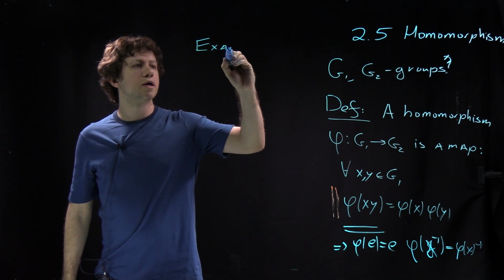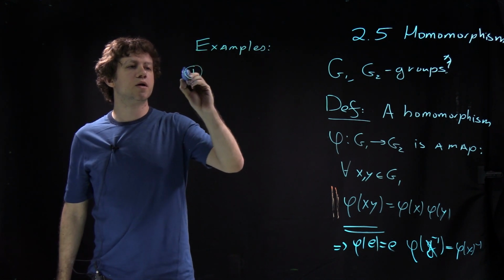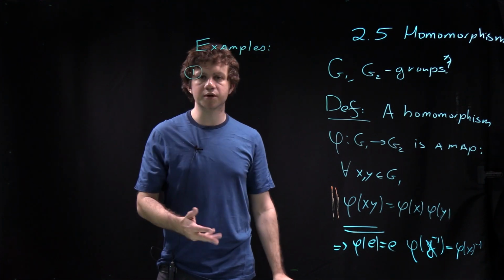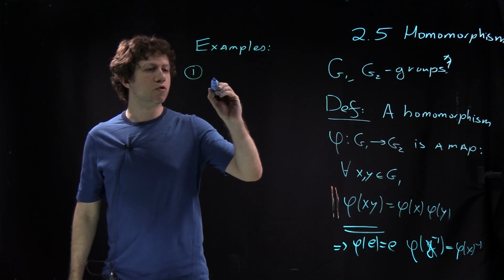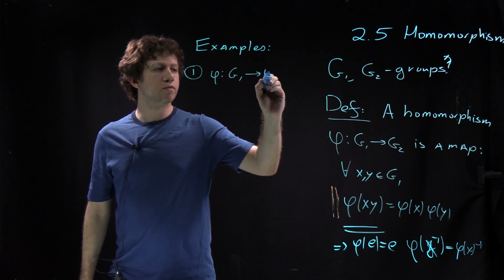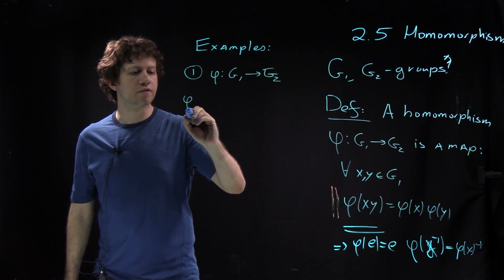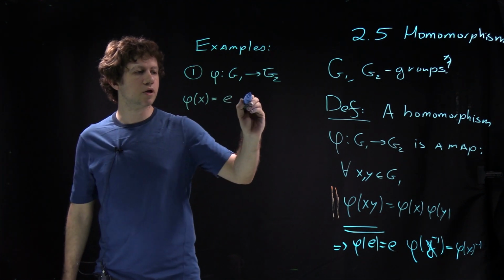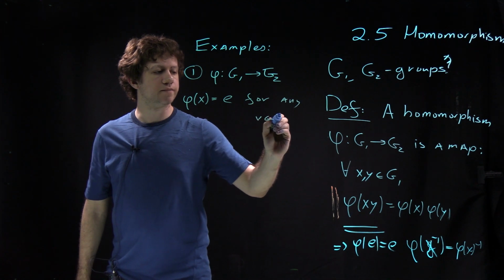So example number one is the example people usually start with in math, the most simple, the most boring. Let G1, G2 be any groups. One can look at phi from G1 to G2, defined by the rule phi of x equal to identity for any x in G1.